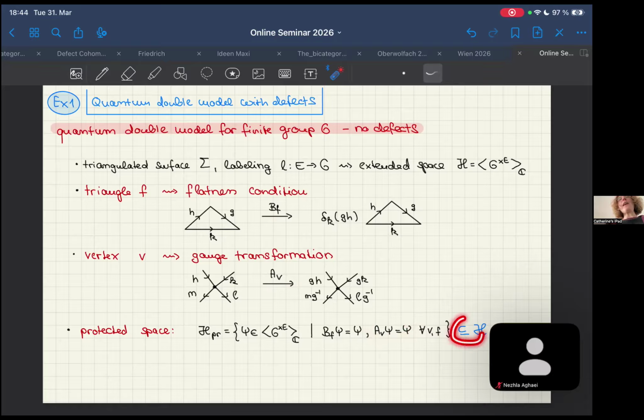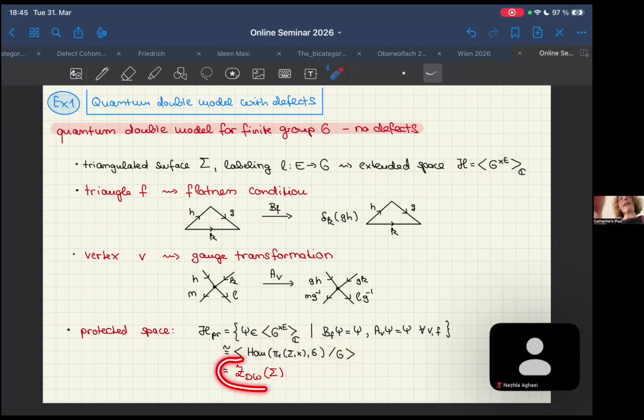And this is some linear subspace of H, and this is the protected space of the quantum double model. And what one can show quite directly is that this protected space is nothing but a free vector space generated by the group homomorphisms from the fundamental group into the group G up to conjugation. You just contract the edges of your triangulation until you're left with a single vertex and a lot of loops, and then you have that here.